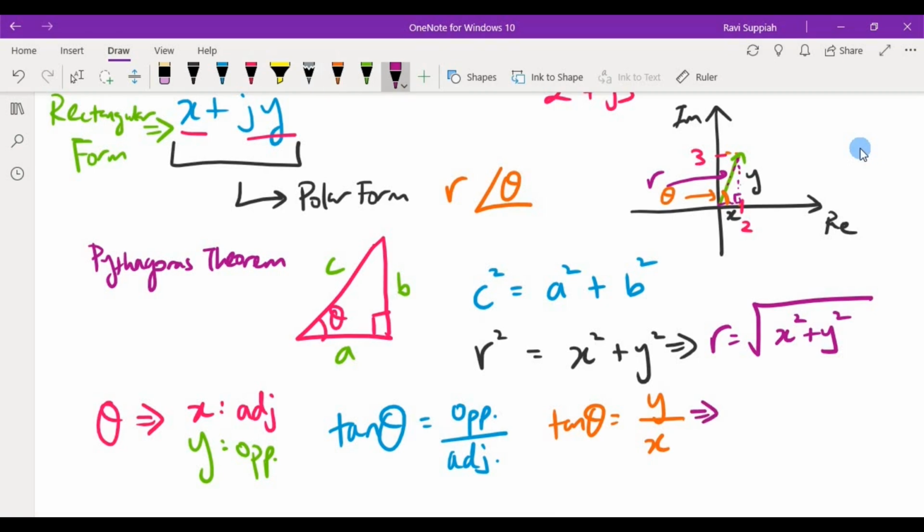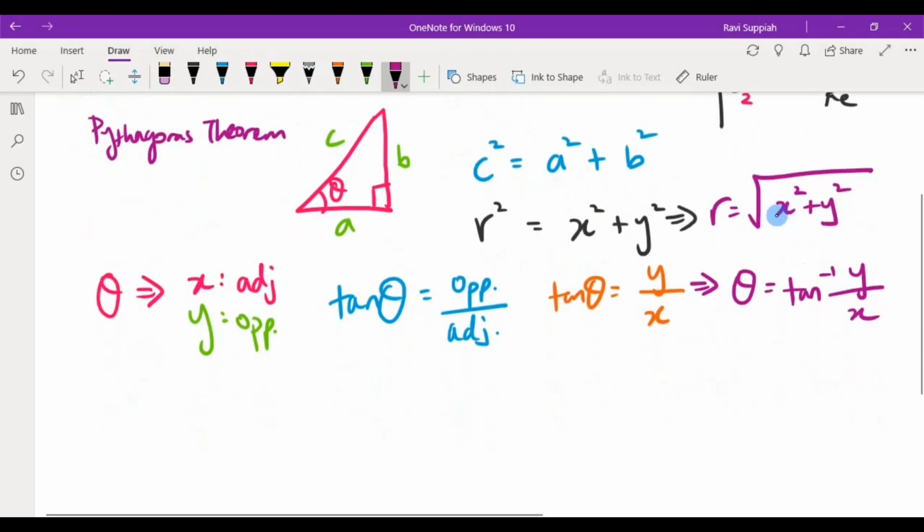From there you can derive theta to be equal to the inverse tangent of y over x. So that is how you can convert a complex number from the rectangular form to the polar form.